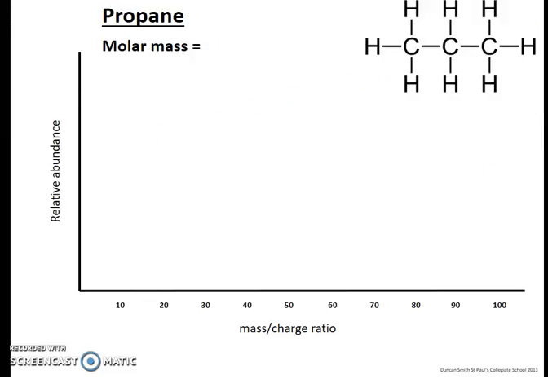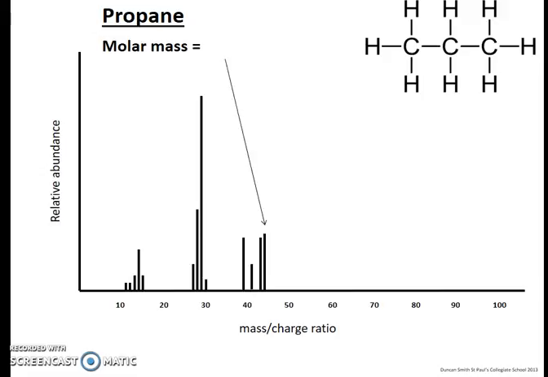If we have a look at propane, propane has a molar mass of 46, no, something like that. And you can see when you look at the mass spectrum that the molar mass, there you go, 44. My math is not very good at this time of night. Molar mass of 44, and you've got a molecular ion peak there at 44.